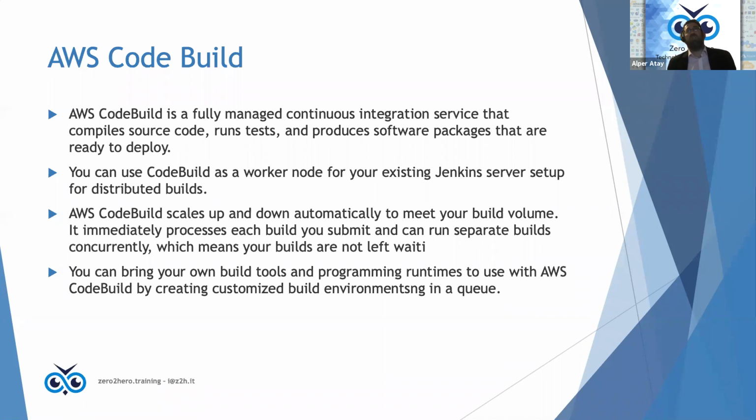When you are not using it, it could scale down, because otherwise maybe you would need to use EC2 instances, etc. for it. You can bring your own build tools, so you could use it basically with everything.